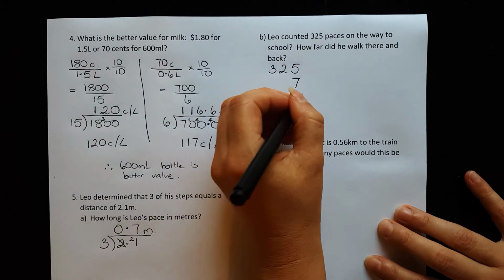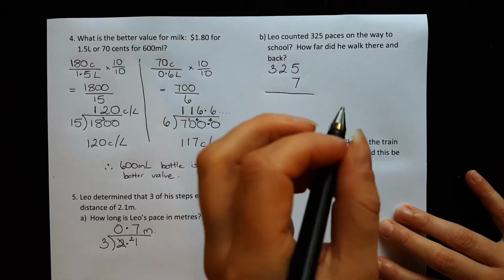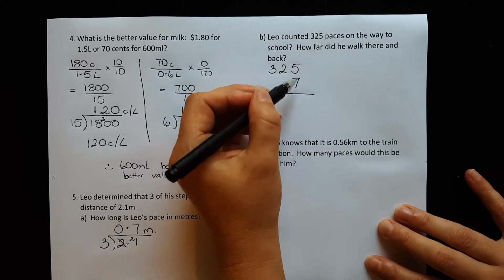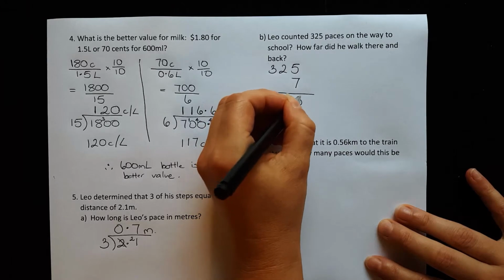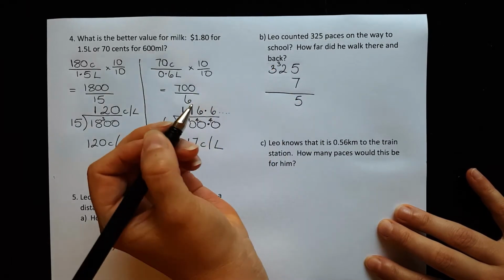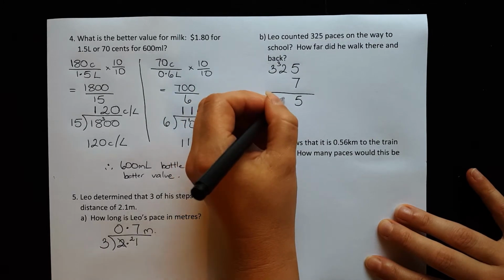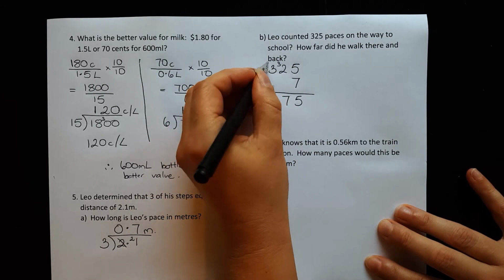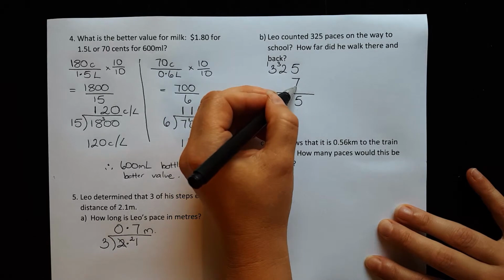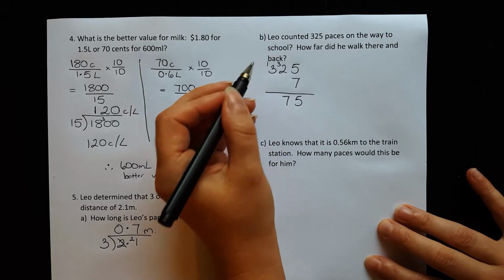We ignore the decimal place there for a second. Let's multiply. 5 times 7 is 35. 2 times 7 is 14 plus 3. 3 times 7 is 21, plus 1 is 22.